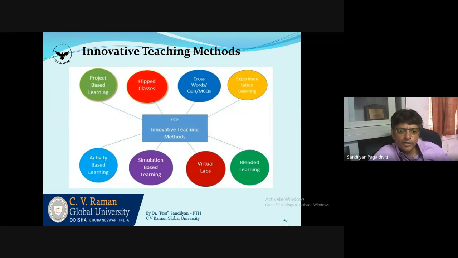You can have virtual labs, and again you could have a blend of any of these or all of these methods put together. Try out, be experimentative, be ready to do things differently, and keep experimenting, because you never know where you will be more successful or you will achieve better.